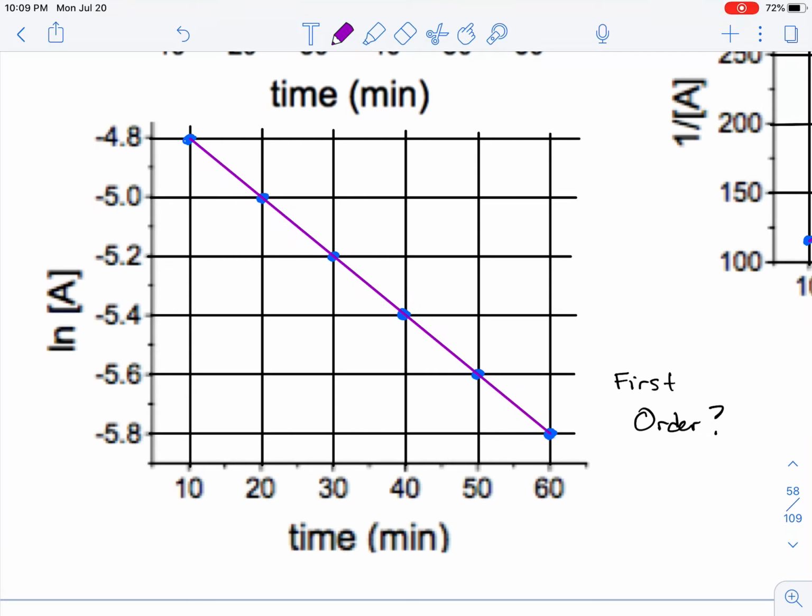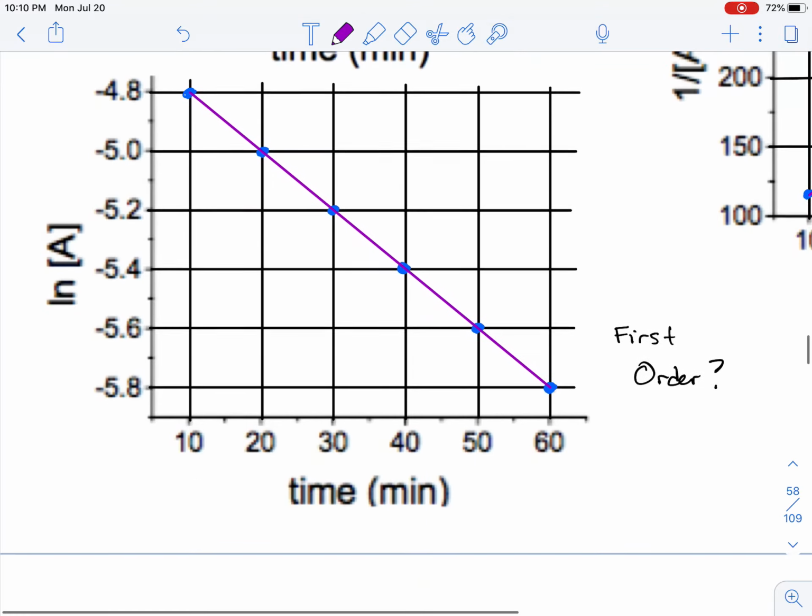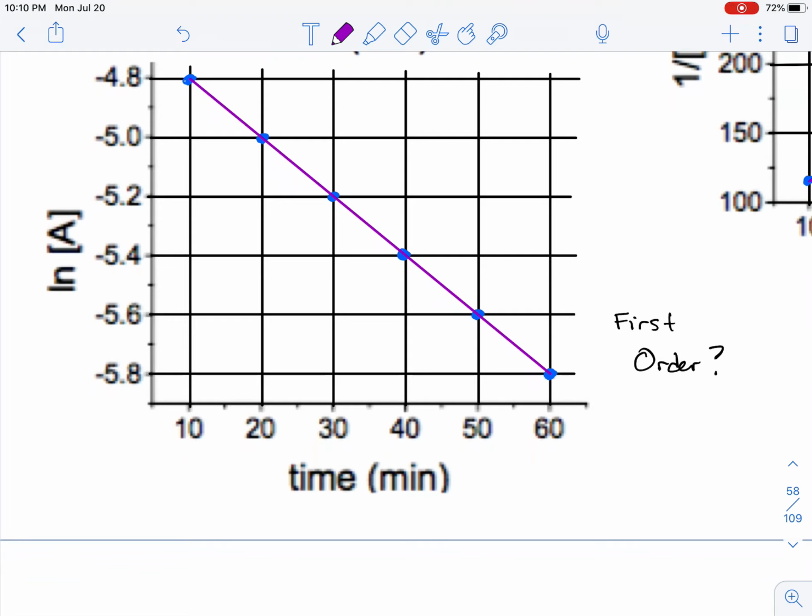As you can see, before and after I erased that pink line, all of the points fall on that line. This lets the reader know that this chemical reaction is undergoing first order kinetics.